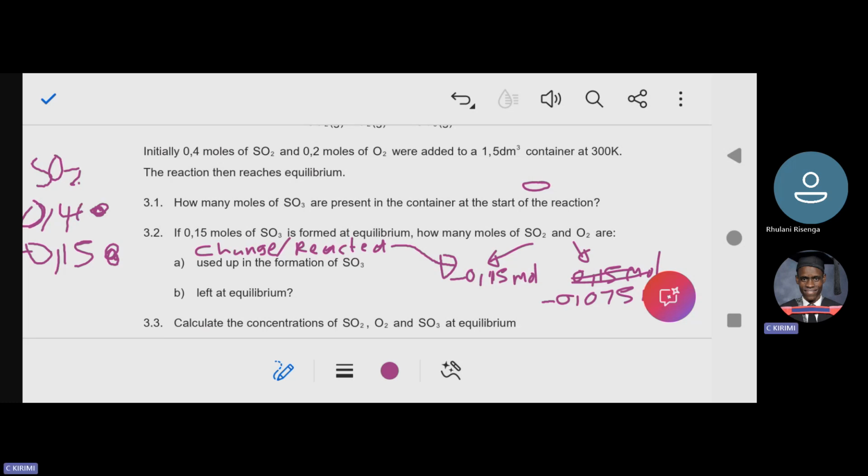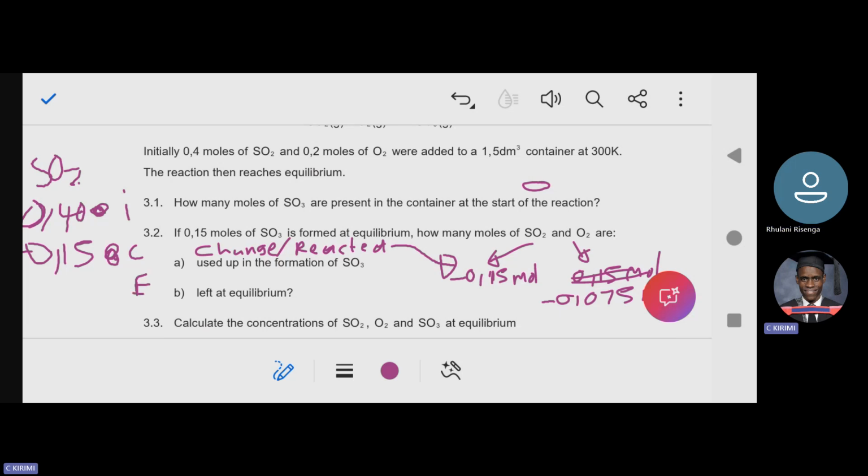So what answer do you get for sulfur dioxide, the number of moles at equilibrium? These are the initial, this is the change, and the one at equilibrium.